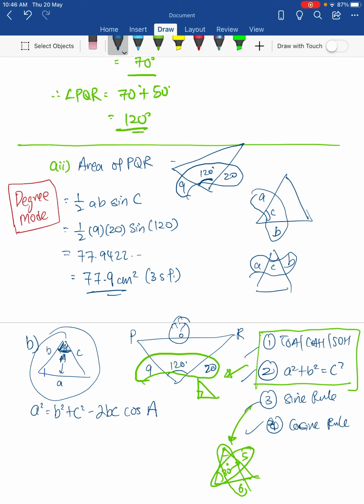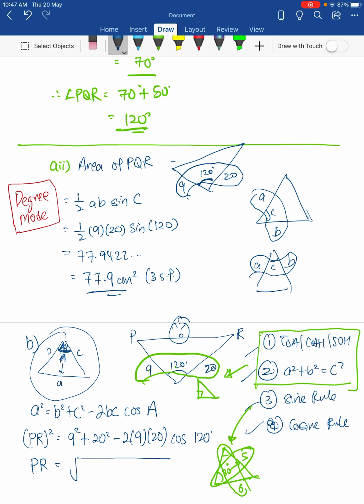Okay, so in this case, our unknown would be our PR, which is the one that we are supposed to find. PR square equals to, b would be 9, b square would be 9 square, c would be 20 square, minus 2, 9 and 20, cosine 120. Okay, so once you put that in, we just key in the calculator and we square root the value.